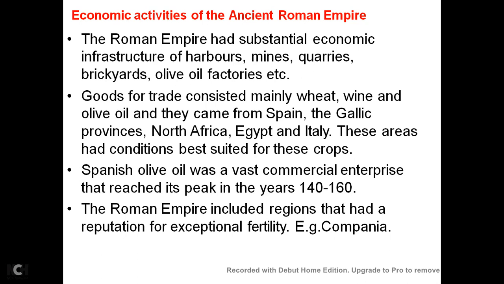The Roman Empire included regions that had a reputation of exceptional fertility.